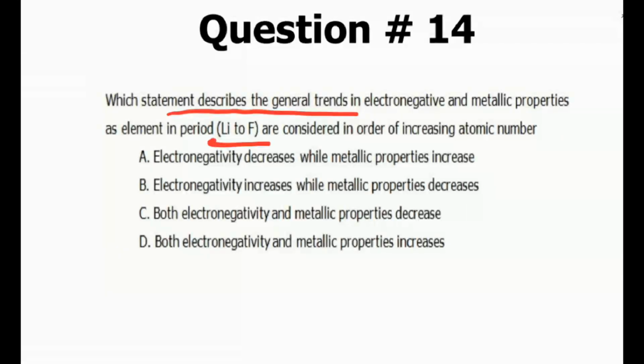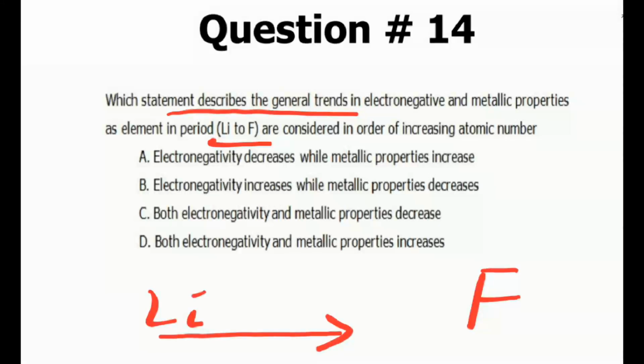Which statement describes the general trends in electronegativity and metallic properties of elements found in period 2? Elements starting from lithium to fluorine, when you order them in increasing atomic number, which of the following statements describes the general trends with respect to electronegativity and metallic properties?